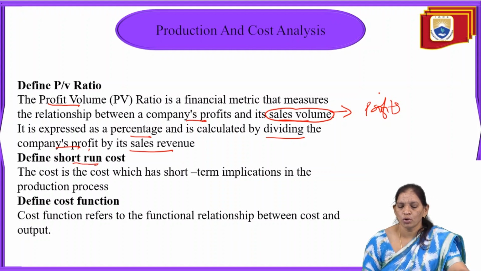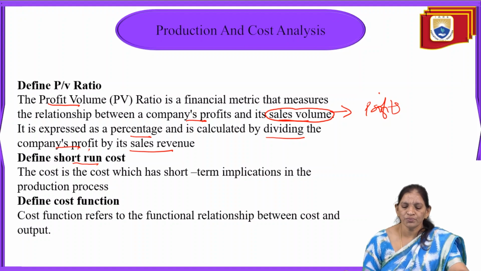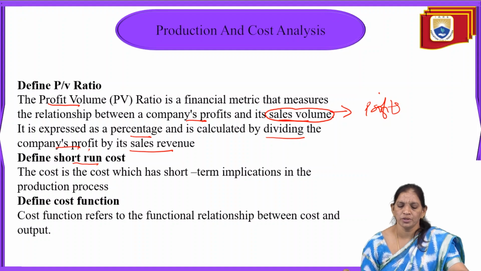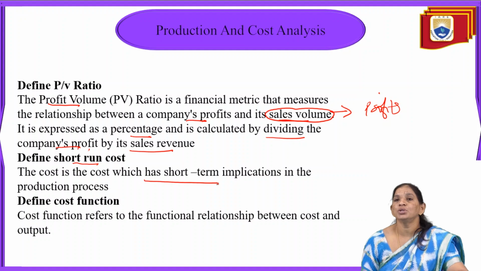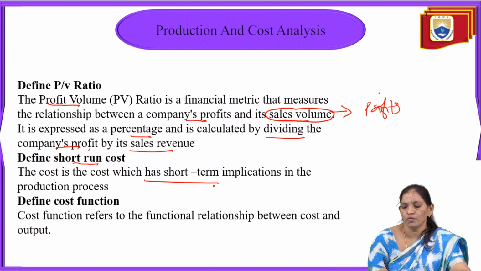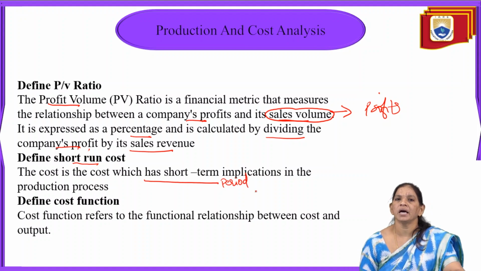Define short-run cost. We already know cost means the expenditure incurred to produce any goods or service. If the incurred expenditure belongs to a short-term period, below 6 months, then we call it short-run cost.